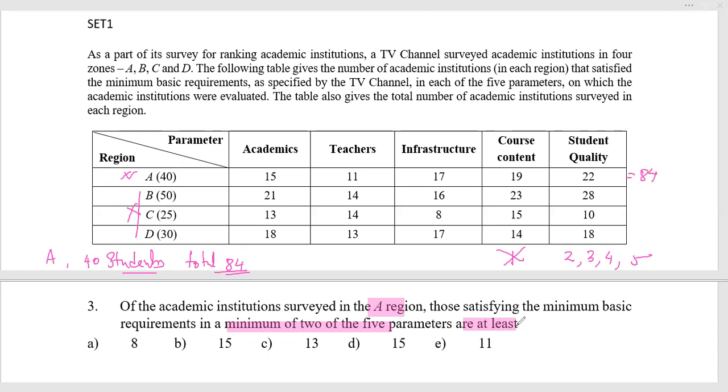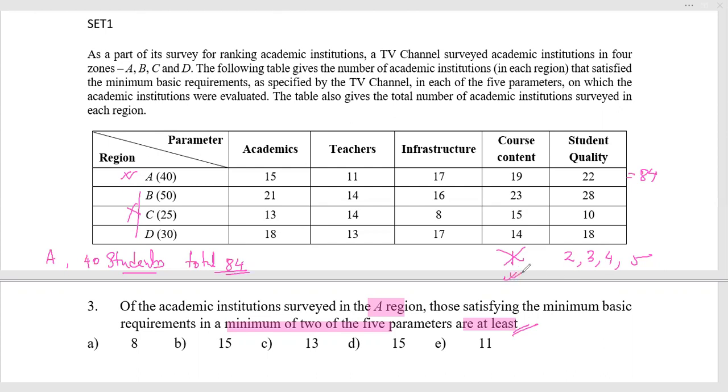What I need to do is distribute to the students who receive 2, 3, 4, 5, like that. These would be a minimum of 2 of the 5 criteria fulfilled. The students who have received either 2 or 3 or 4 or 5 need to be as few as possible. I don't want to give these.